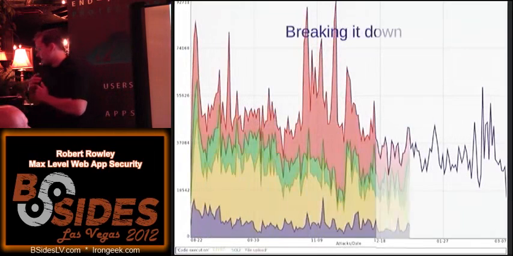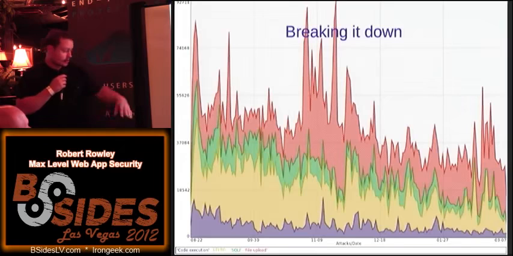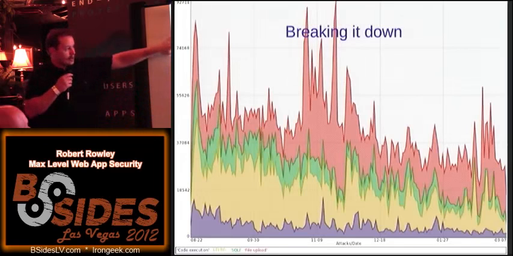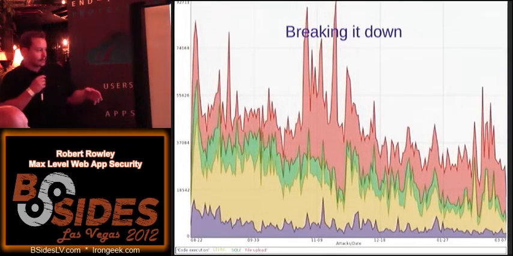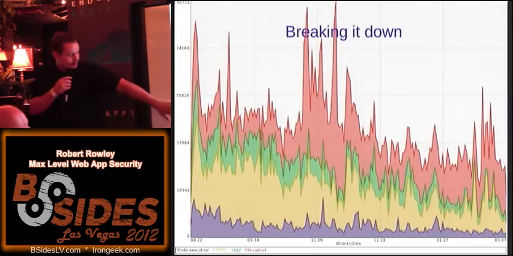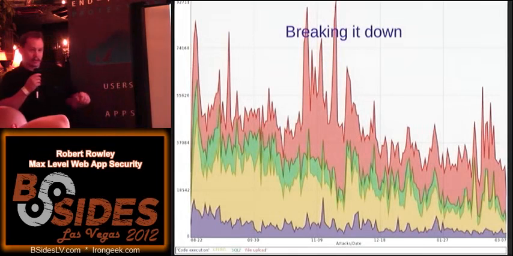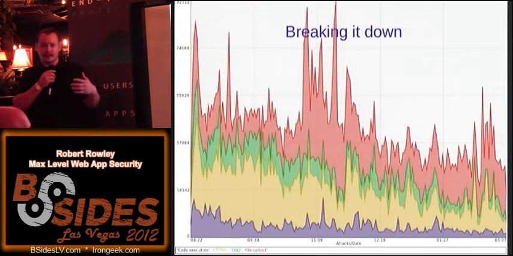And I'll do a quick breakdown of some generic types of attacks. The red here at the top, this is a percentage now, stacked line graph. The red here at the top is a file upload based type of attack. The green is SQL injection. The yellow mass majority is local file inclusion as well as remote file inclusion attempts. These are fairly common. You've probably all seen these in your website access logs.